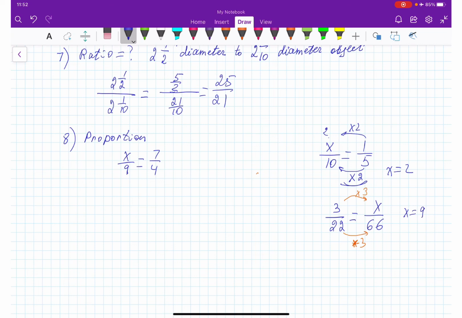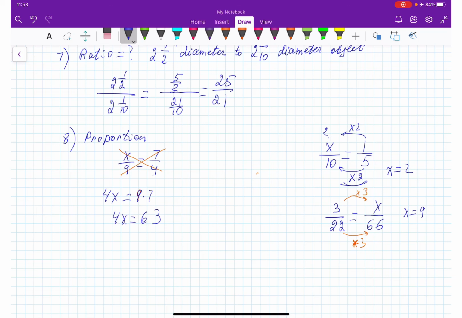Now, different story when we have x over 9 equals 7 over 4. We can't multiply 4 by any number to get 9. It's going to be a fraction, not an exact number, and it can go endless decimals. How to do in this case? Very easy. You do cross multiplication. 4x is equal to 9 times 7, which means 4x is equal to 63.